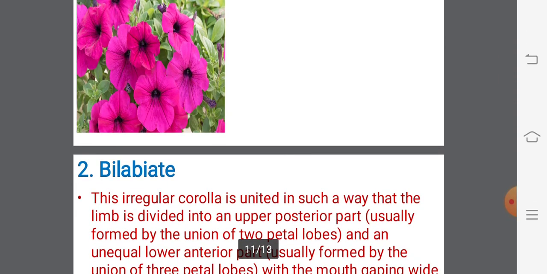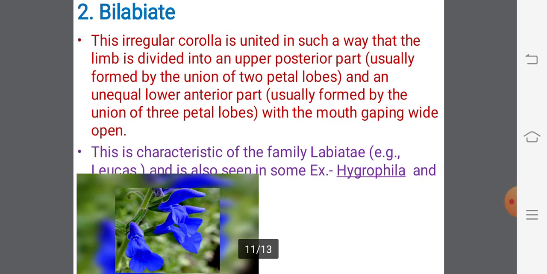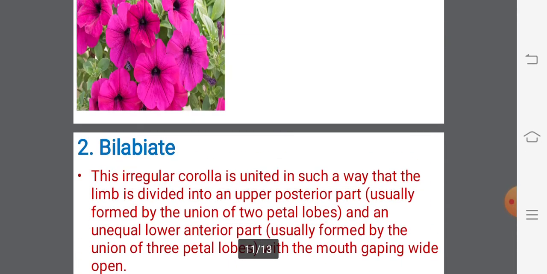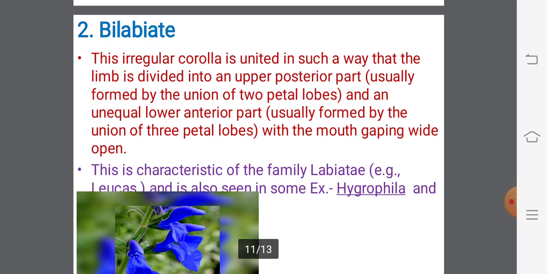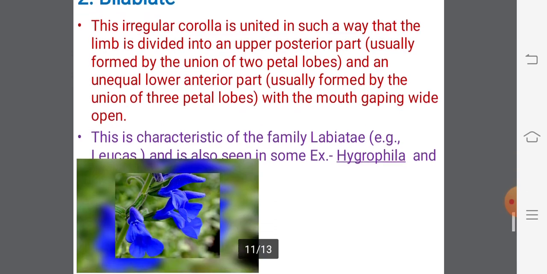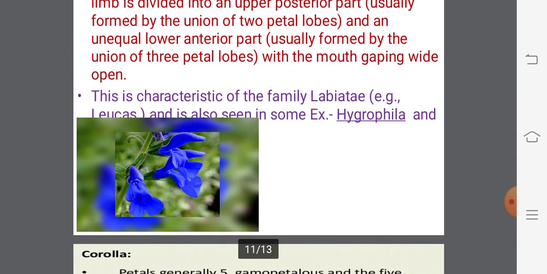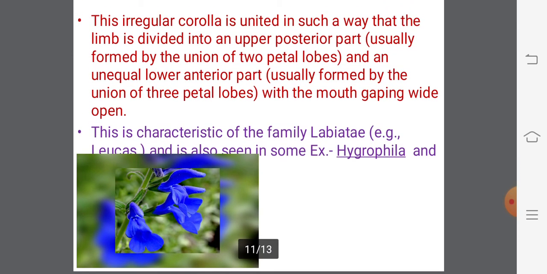The second is bilabiate corolla. It is an irregular corolla, shown as regular above and irregular below. It divides into anterior and posterior parts, so two lips are there, like our mouth lips.